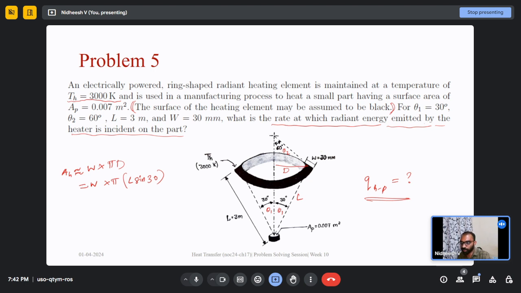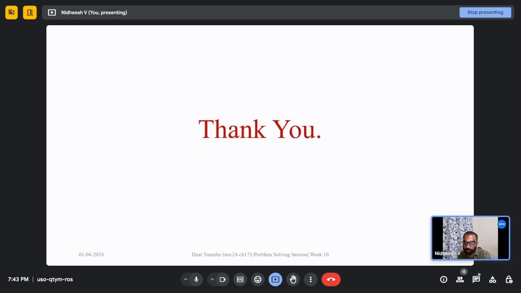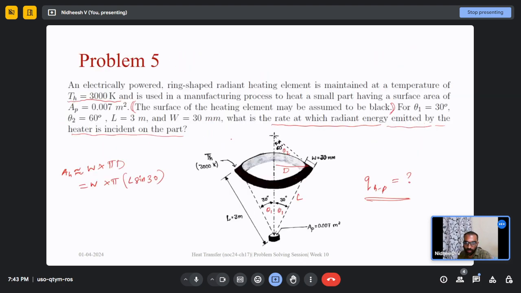So I'll rewrite it here. Pi d into W, pi into L sine 30 into W, pi into, what is L? L is 3 meter and width is 30 millimeters.